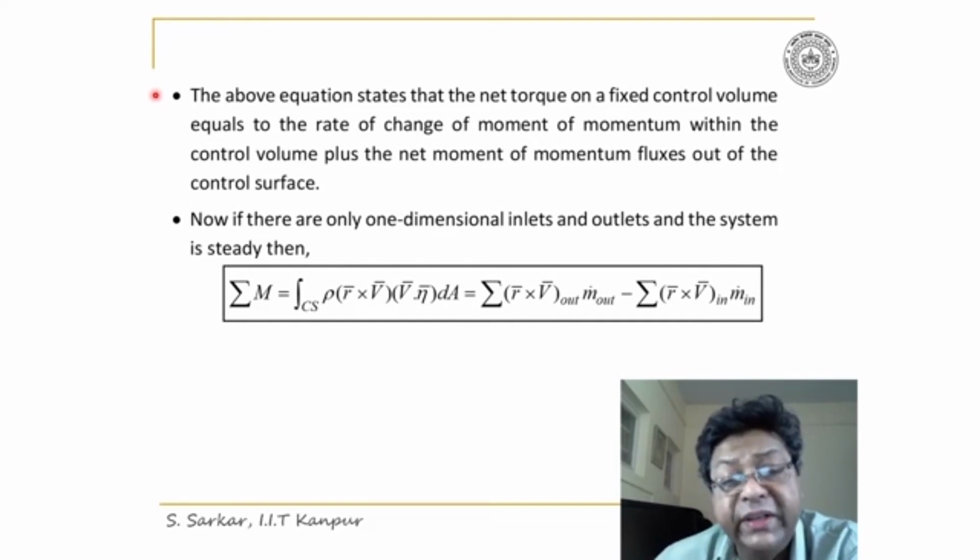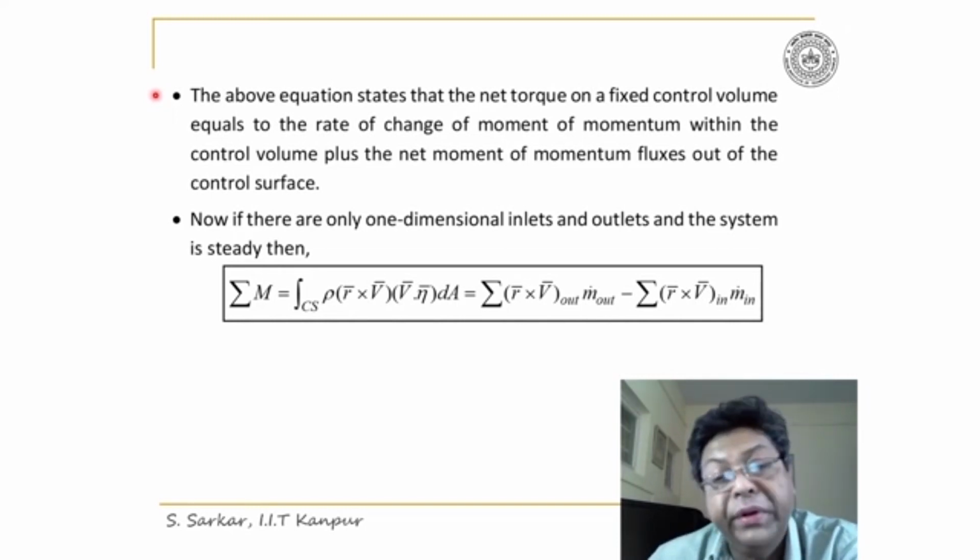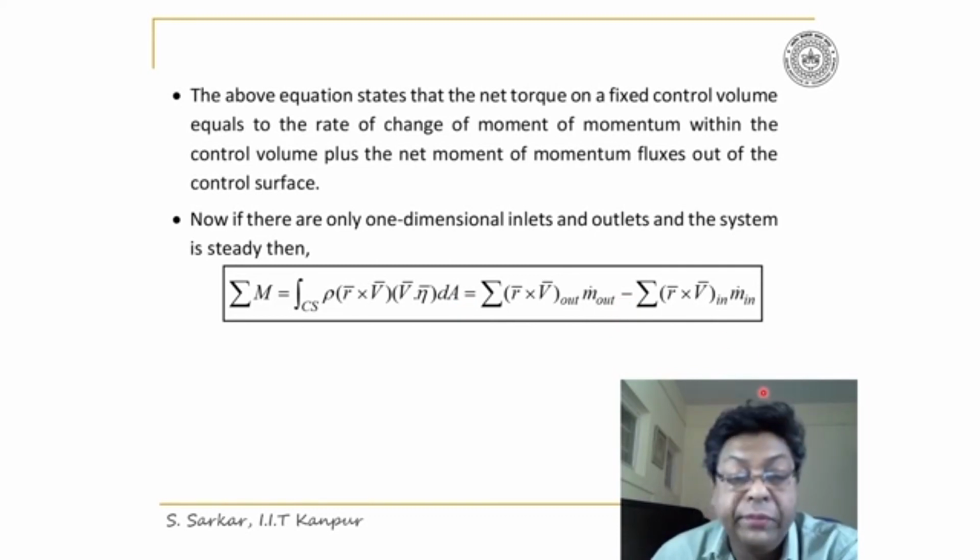Now, if we consider one-dimensional inlets and outlets and the system is steady, then torque is equal to the net momentum flux out of the control volume. That means this would be equal to sigma r cross v out times m dot out minus sigma r cross v in times m dot in.